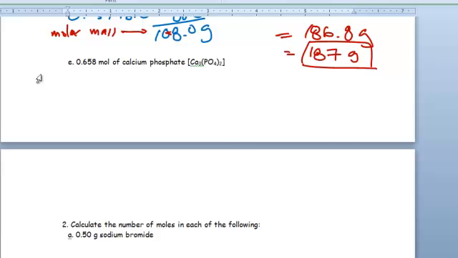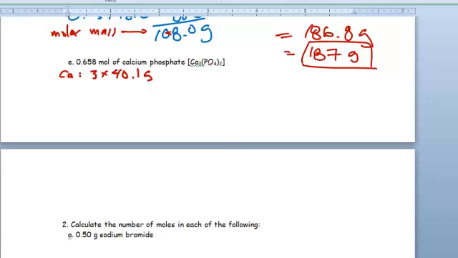Calcium, when we look that up on our periodic table, I see 40.08. If we round that to tenths place, that would be 40.1. So calcium, that's 3 atoms of calcium weighing in at 40.1 grams.